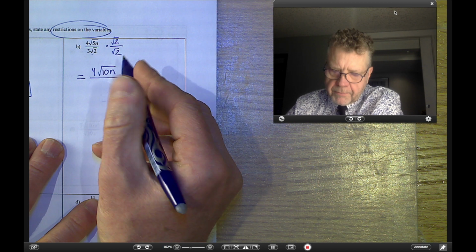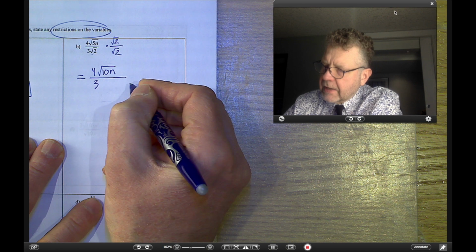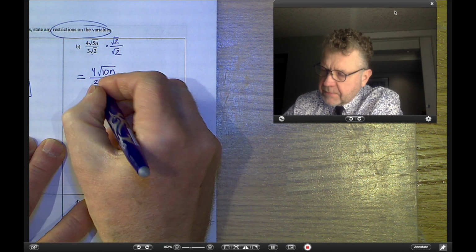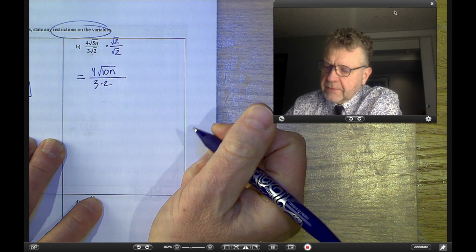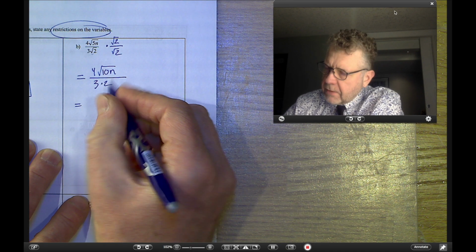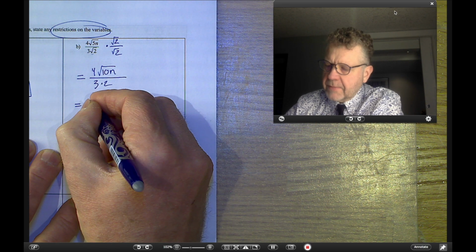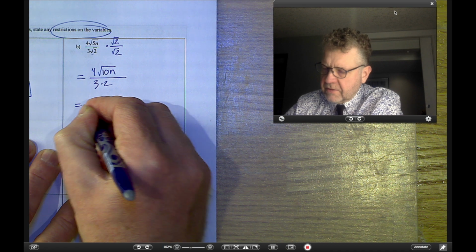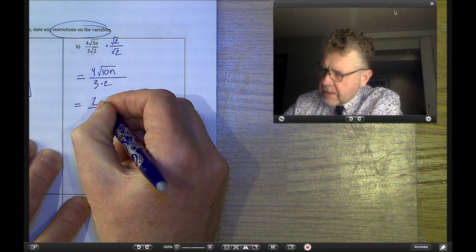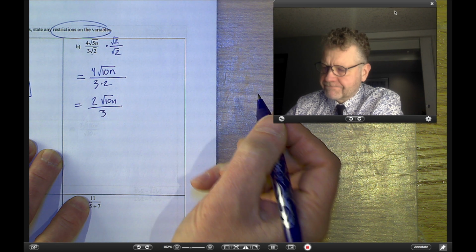Meanwhile, on the bottom, we're going to have the 3 because there's no coefficient here, 3 times, well, the square root of something times the square root of the same thing is simply going to be 2. All right? So what else? 4 divided by 6 is the same as 2 divided by 3, and the root of 10n. That's all you can do. There we go.